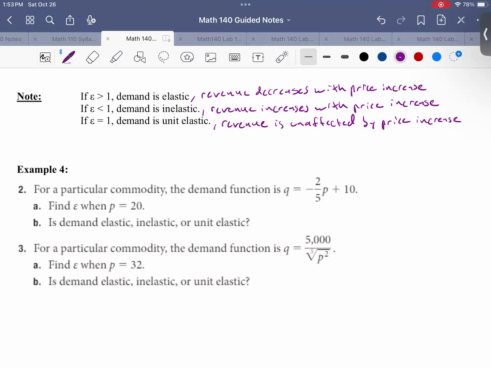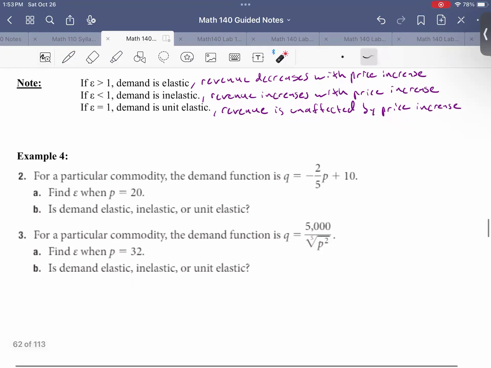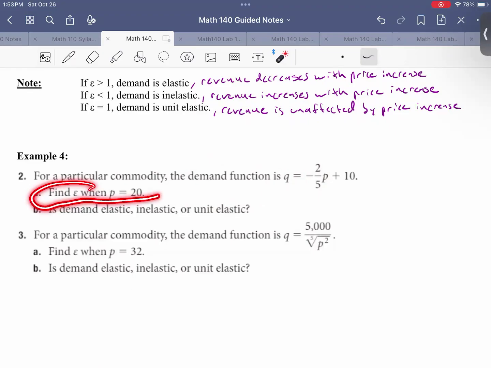Let's go ahead and check out a couple of these examples. For our particular commodity, the demand function is Q. It always will be a function of Q. Q equals -2/5 P plus 10. We want to find the point elasticity when P equals 20, when the price is 20.